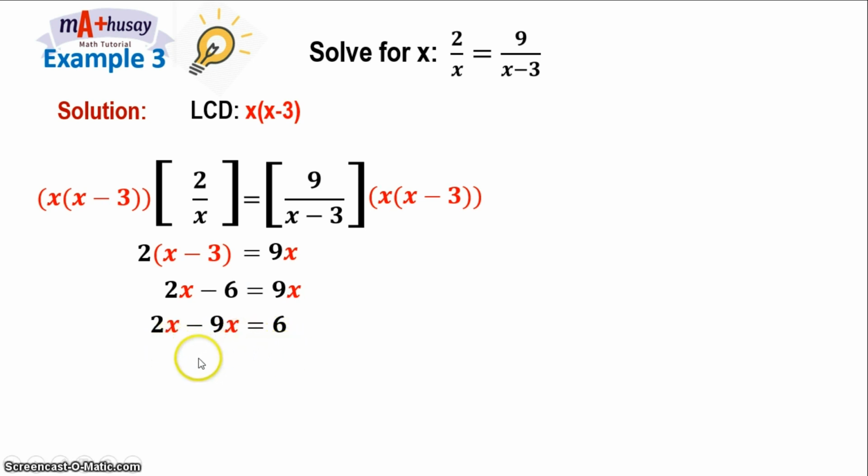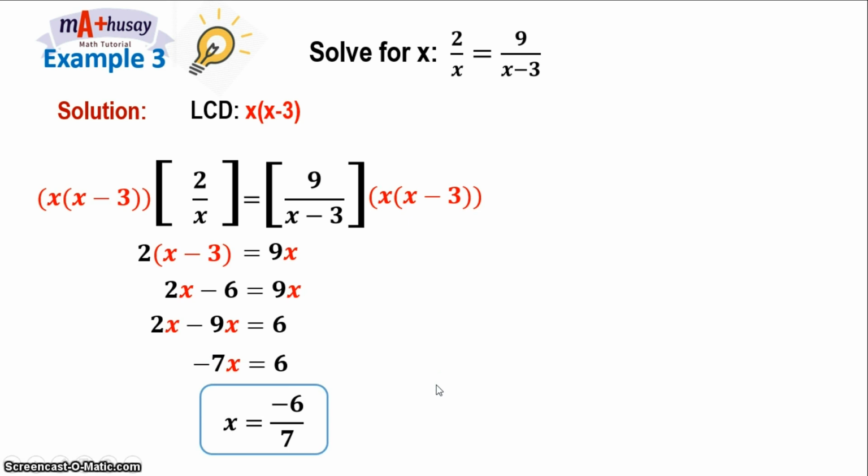So, 2x minus 9x, that's negative 7x, equals 6. Since we're looking for the values of x, anong gagawin natin is magde-divide tayo both sides of the equation by negative 7. So, the value of x should be negative 6 all over 7.